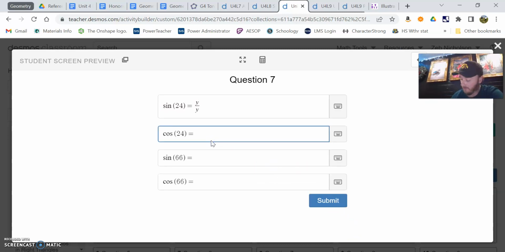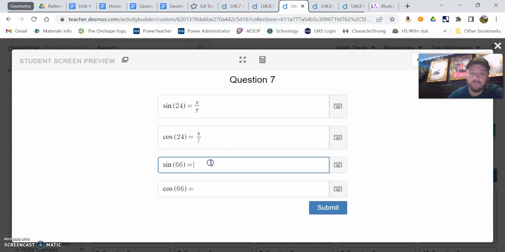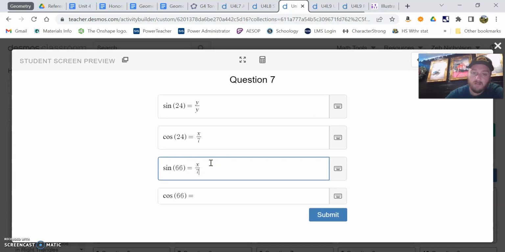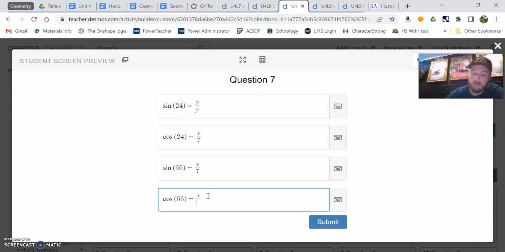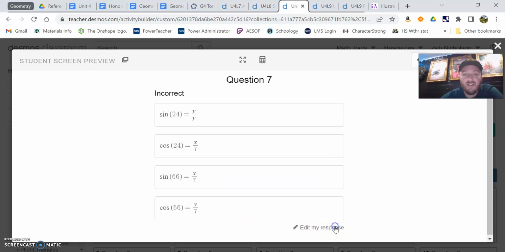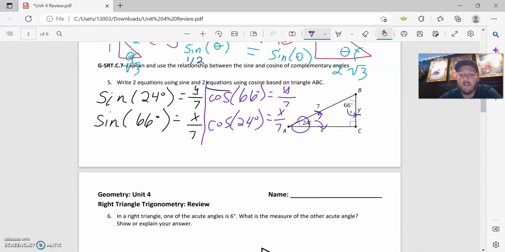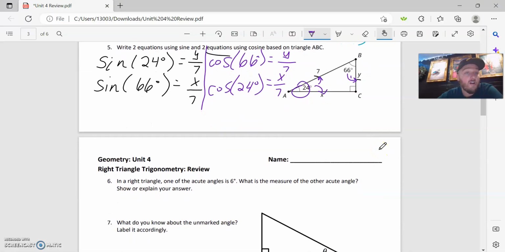Okay, cosine 24 is x over 7. Sine 66. We'll see what happens here. Cos 66, y. Okay, I give up. I'm not gonna lie, I'm a little frustrated by that. Anyways, with the numbering being off, forget that.